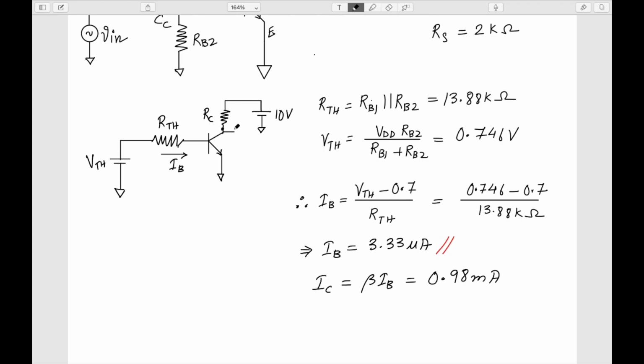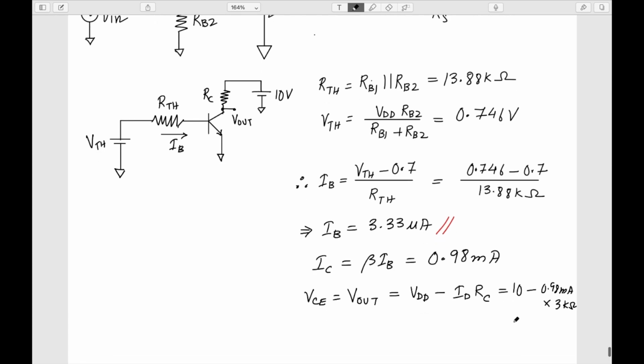The other operating point which is sometimes asked is the VCE voltage, or basically the DC value of this V out. We know that it is VDD minus IC RC. If we estimate it, it is 10 minus 0.98 milliampere times 3 kilo ohms, so this is approximately 7 volt.